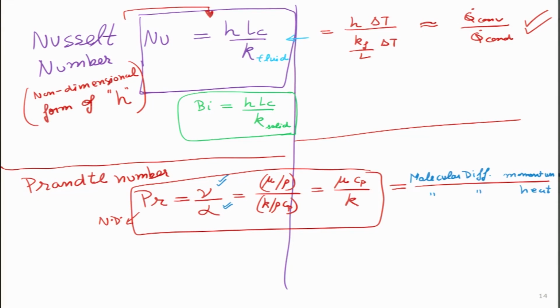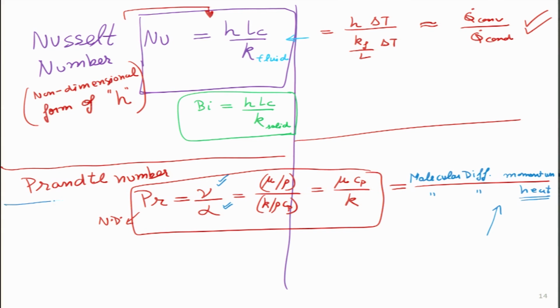So, if you look at molten metal, molten aluminum, molten copper, molten iron, they will have very large denominator. If you look at this expression over here, the denominator says molecular diffusion of heat, which means the Prandtl number for molten metals or liquid metal will have a very large denominator, which means Prandtl number will be very low.